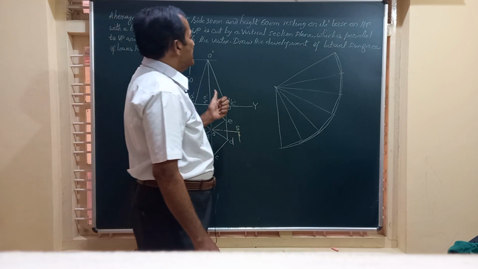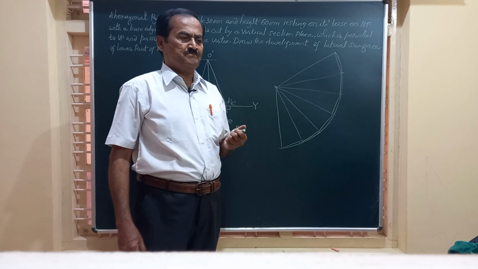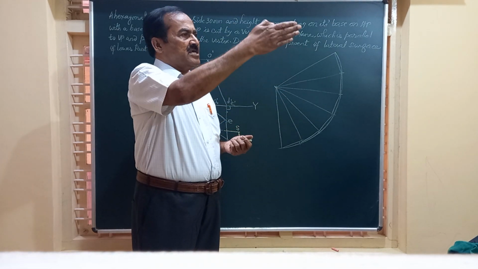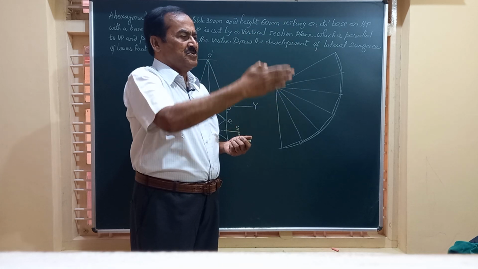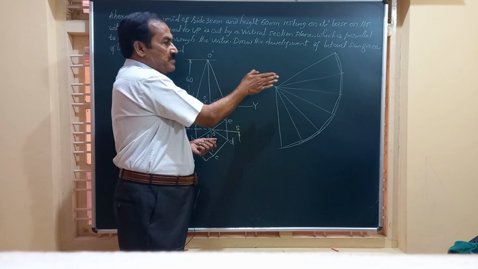Next, it is cut by a vertical section plane. A vertical section plane is just like a very sharp blade which is perpendicular to HP and parallel to VP.